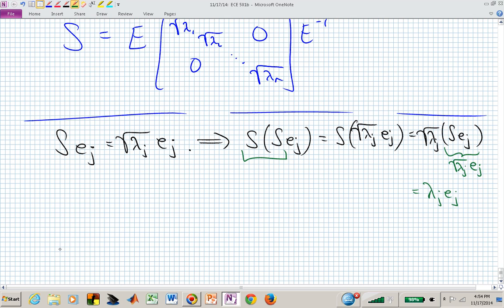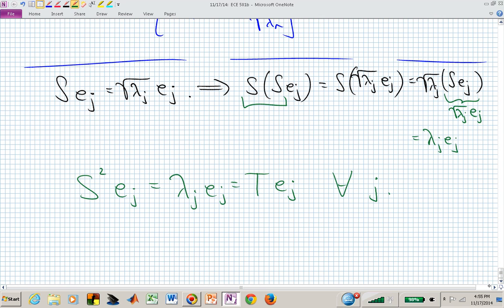Meaning, I now know that S squared e to the j is lambda sub j e to the j, which is T e to the j for all j. Or, I've now shown that S is actually a square root of T.